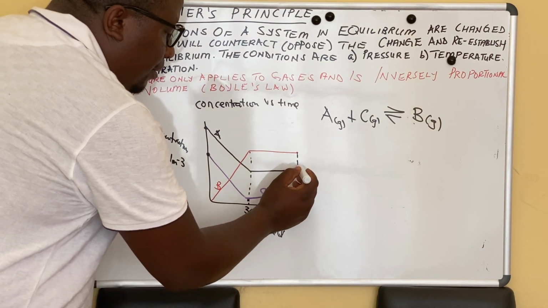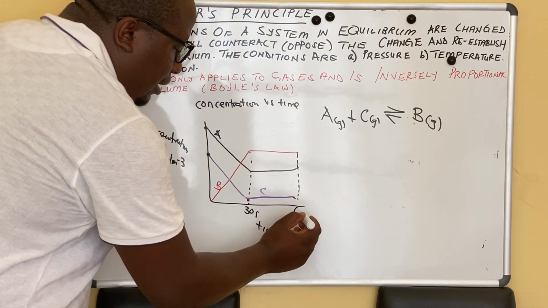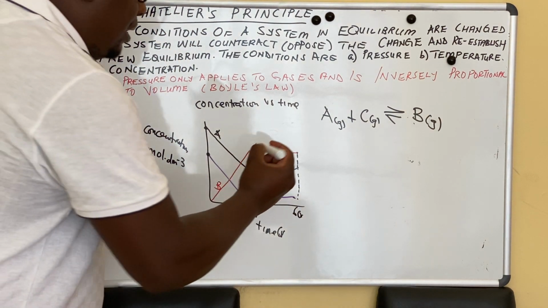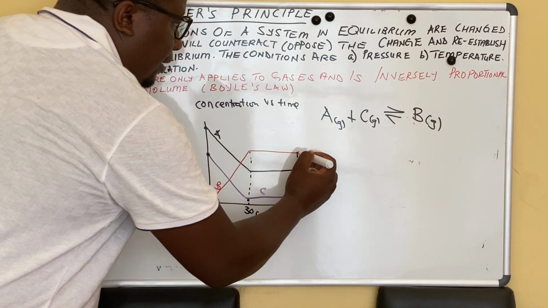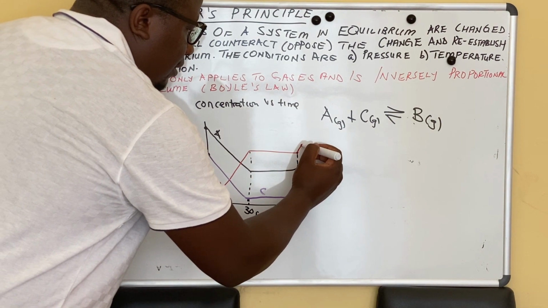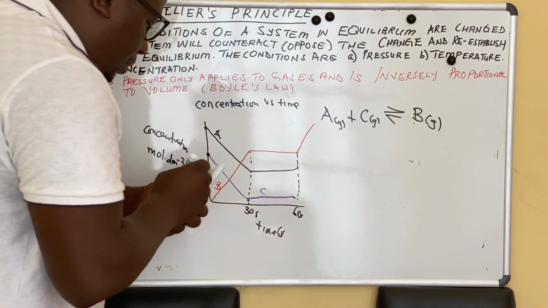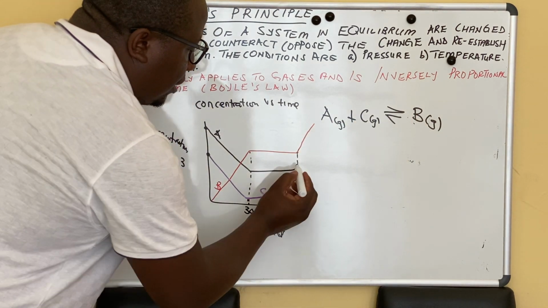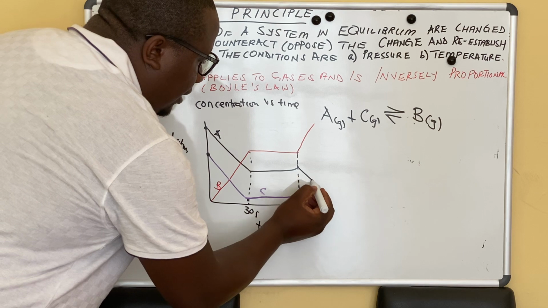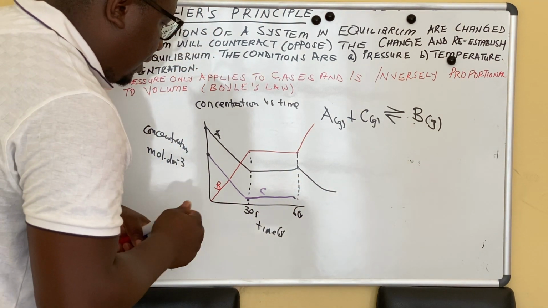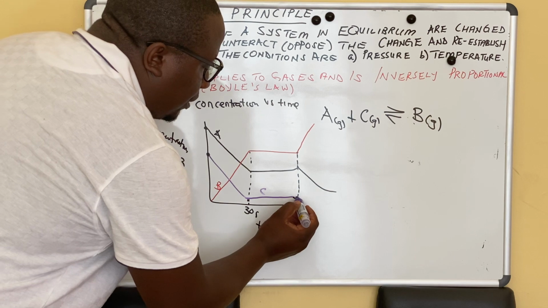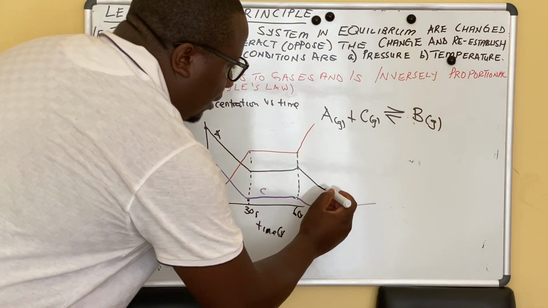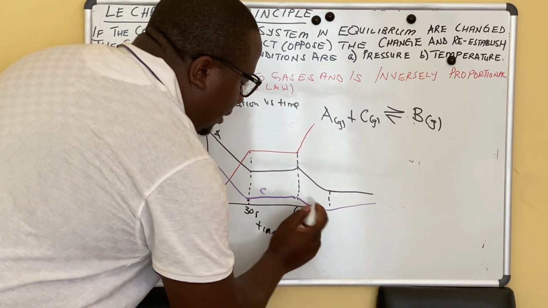Then let us say now at 60 seconds the system is disturbed. It is disturbed in such a way that the concentration of B starts to increase. And if the concentration of B increases, it means the concentration of A is going to decrease, and the concentration of C is also going to decrease, until a point whereby these three re-establish a new equilibrium.